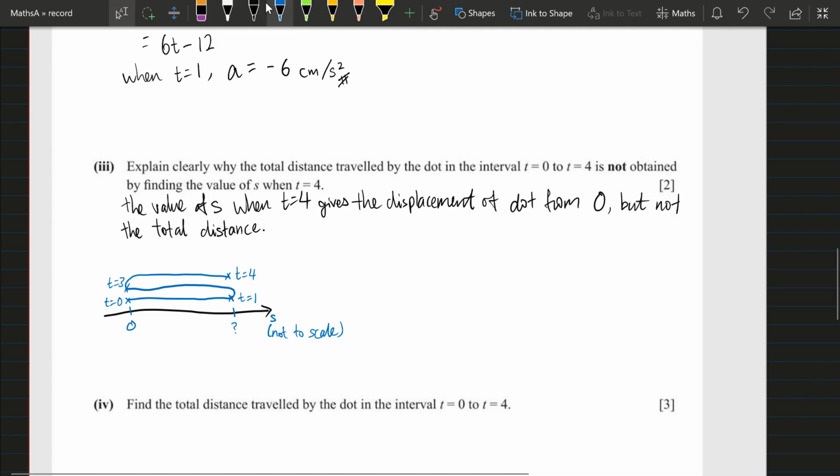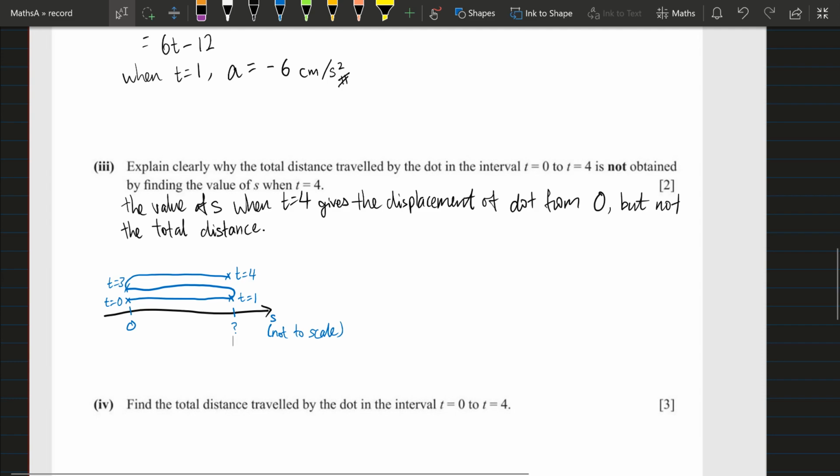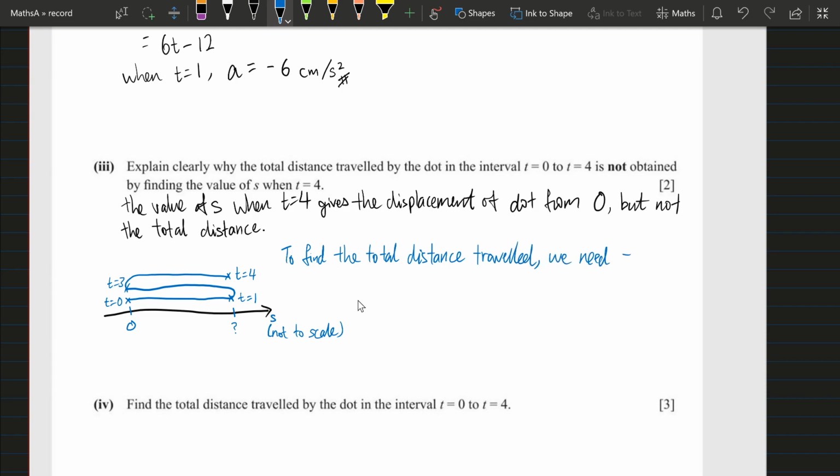My point here is, so to find the total distance traveled, we need to sum up the distance traveled from t equals to 0 to t equals to 1, then t equals to 1 to t equals to 3, and finally t equals to 3 to t equals to 4.